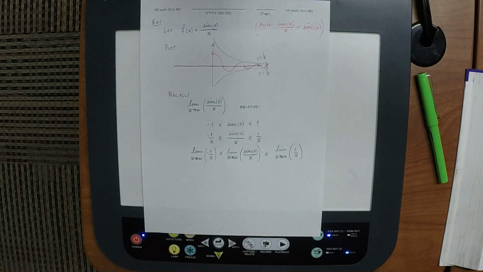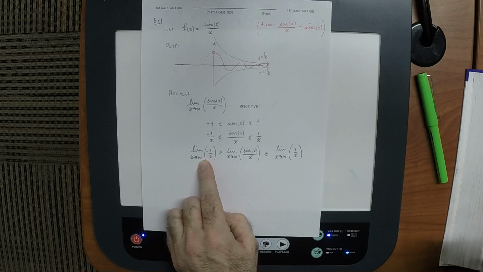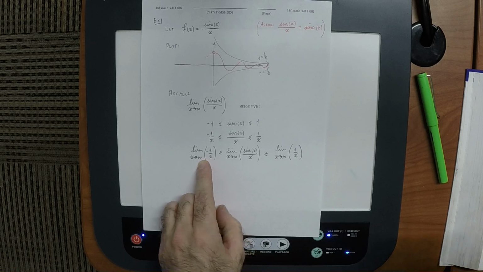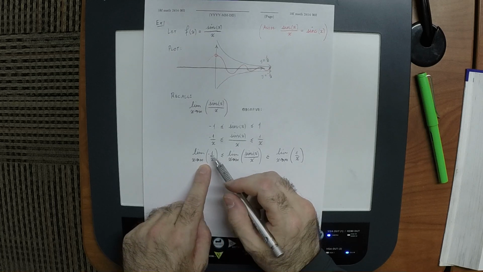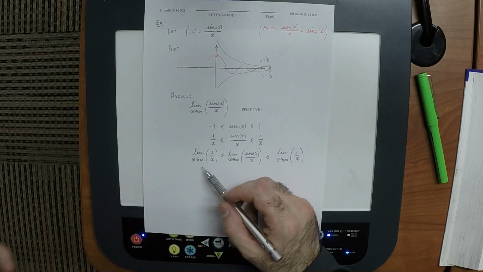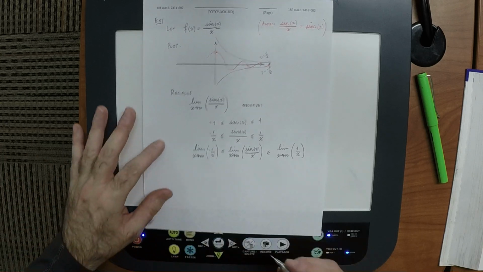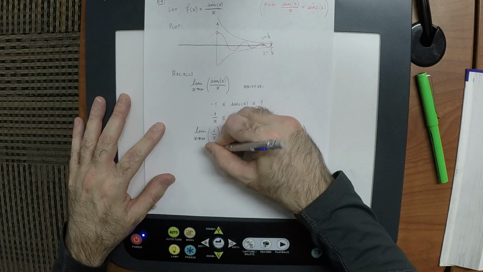But what's the limit on the left? 0, right? Sort of obviously. If you take a -1 and you divide it by an x, and that x is getting infinitely big, then where's -1 over x going? It's going to 0.